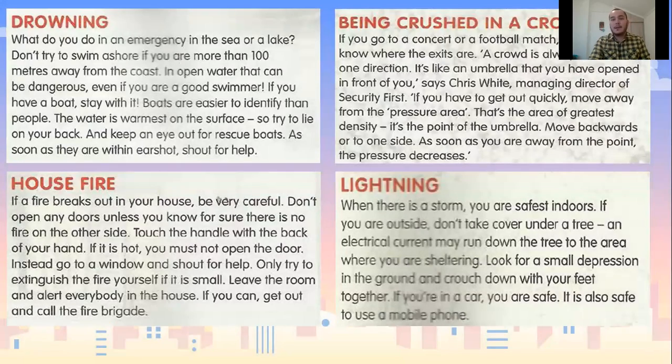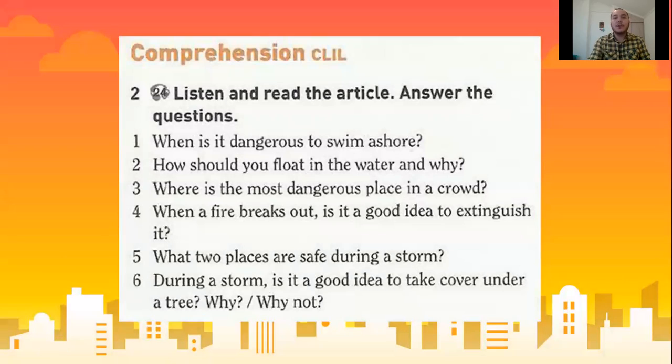Then, read the text, as always, and you are going to do exercise number 2. Answer these questions. You can listen to the text by using the audio that I leave in the platform, right? So you can practice the pronunciation of this text.